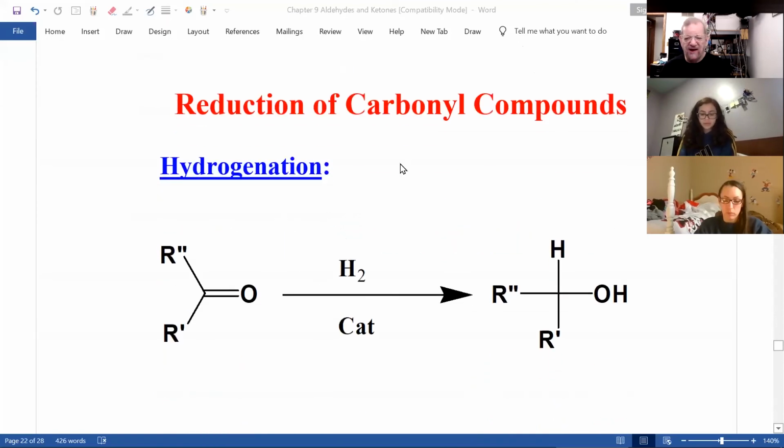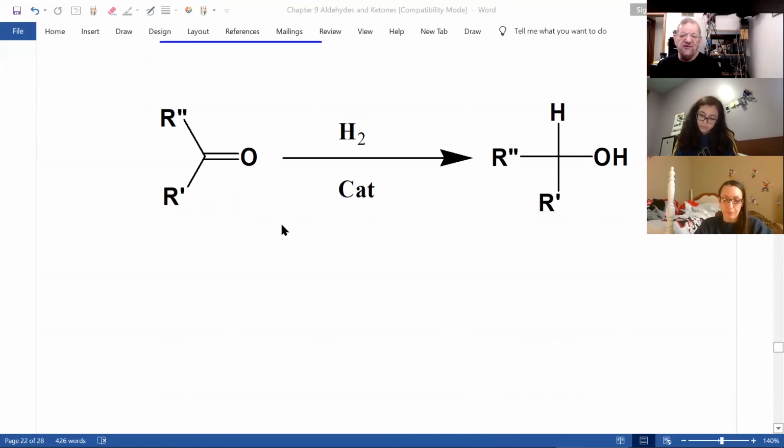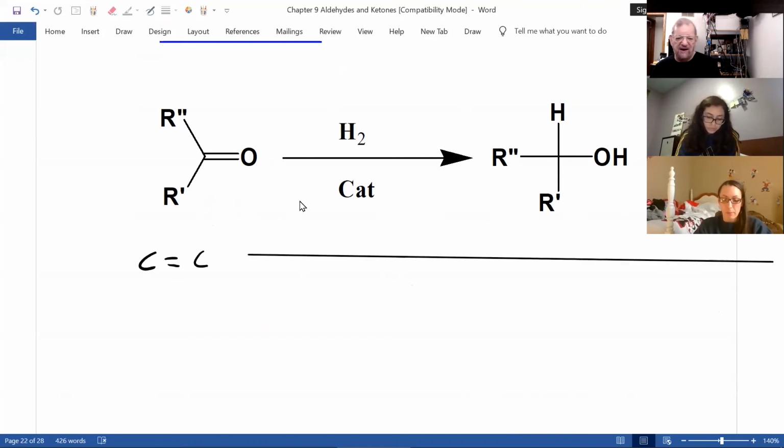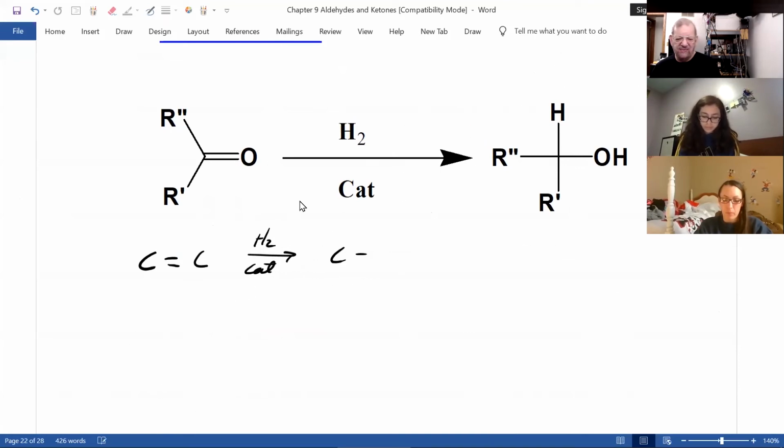And the next reaction I'd like to talk about is called reduction of a carbonyl compound. Really, it's also called hydrogenation. Now, a long time ago, it seems, for test one, you learned that if I have a carbon-carbon double bond and react with hydrogen and a catalyst, I break the pi bond, and each carbon gets a hydrogen.